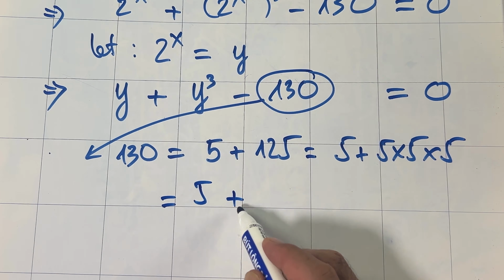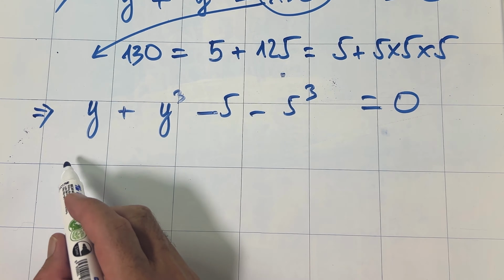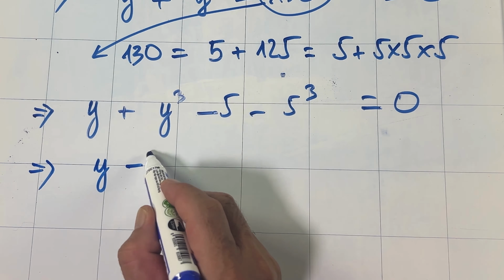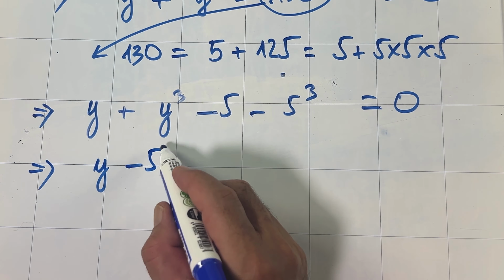Now the equation becomes y plus y to the power of 3 minus 5 minus 5 to the power of 3 equals 0. We group y minus 5 and y to the power of 3 minus 5 to the power of 3, all equal to 0.